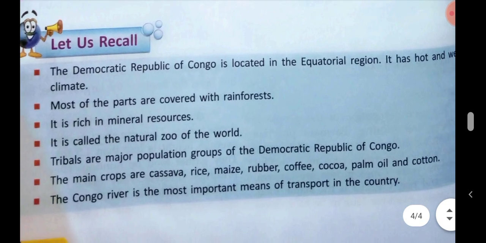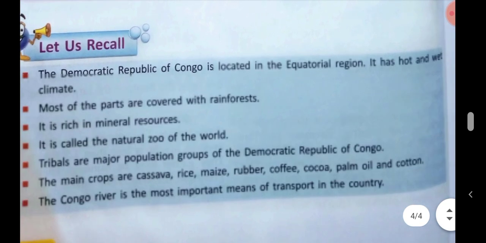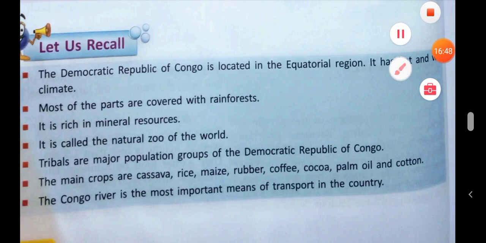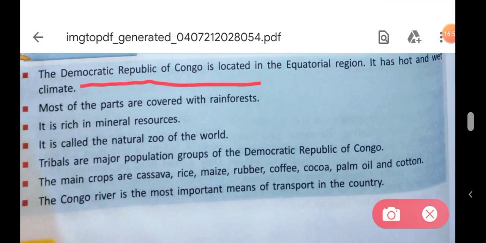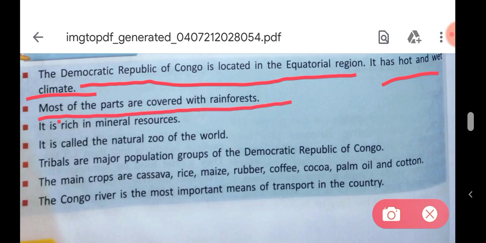Let's recall the important points of this chapter. The Democratic Republic of Congo is located in the equatorial region. It has a hot and wet climate. Most of the part is covered with rainforest and it is rich in mineral resources. It is called the natural zoo of the world.